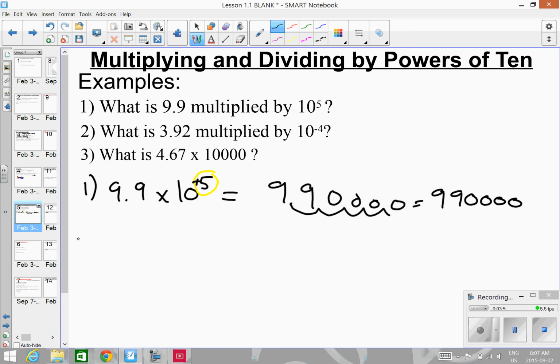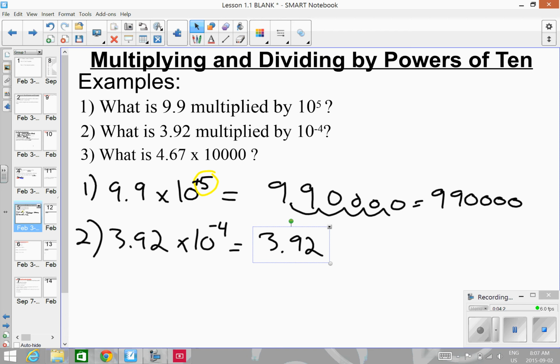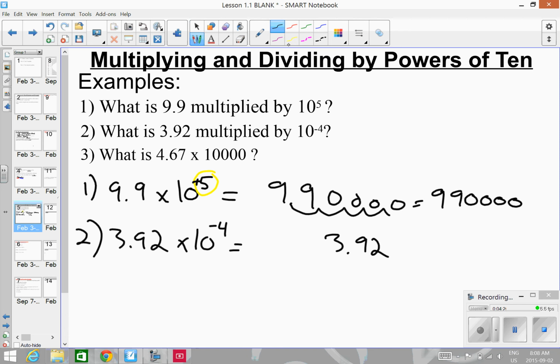Alright, number 2. 3.92 times 10 to the negative 4. The same idea, we're going to start with our number out front. But this time, when we move the decimal, actually I should move this whole number. Put it there for now, and you'll see why. Our exponent is negative this time.